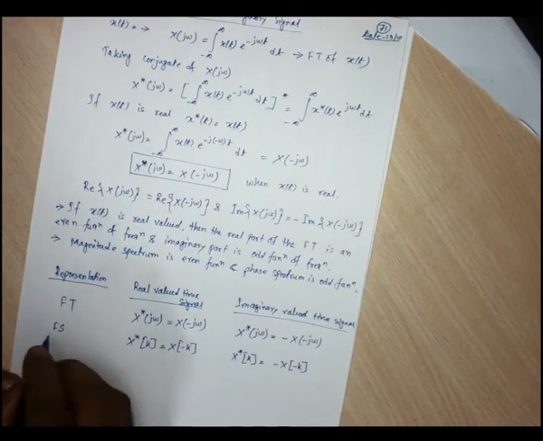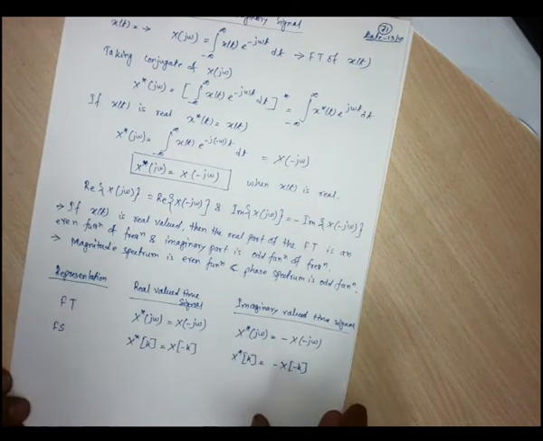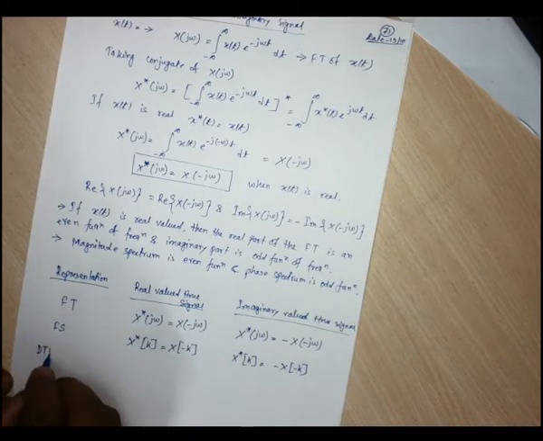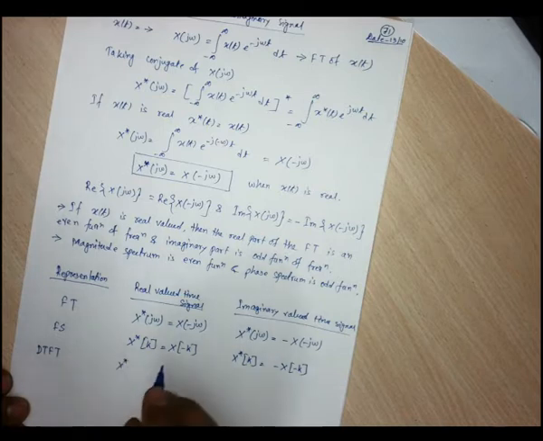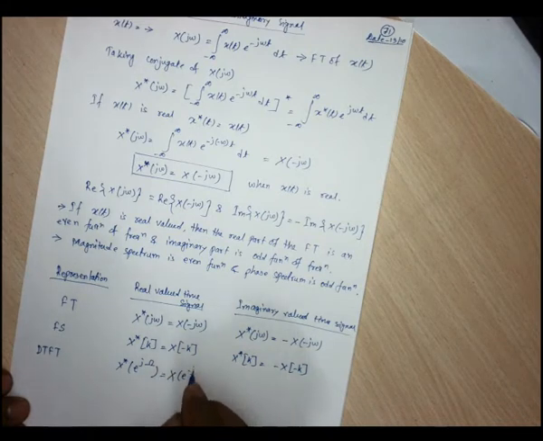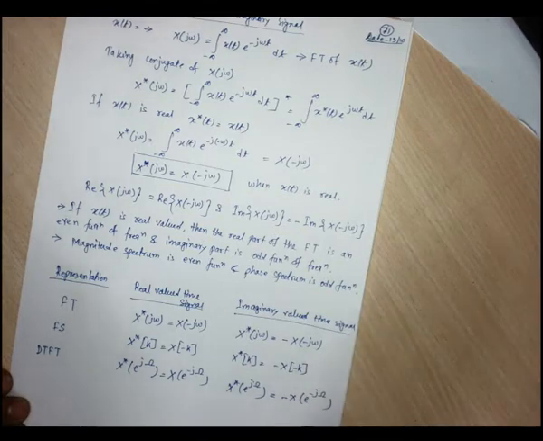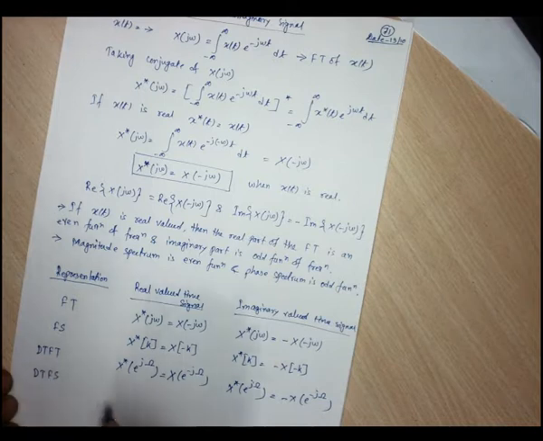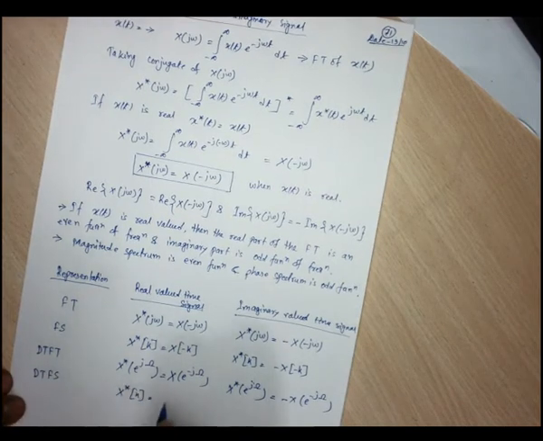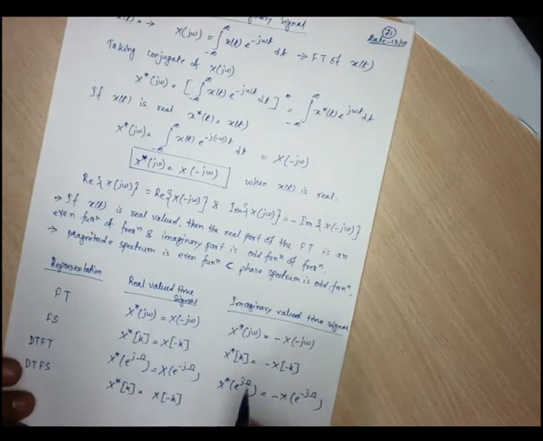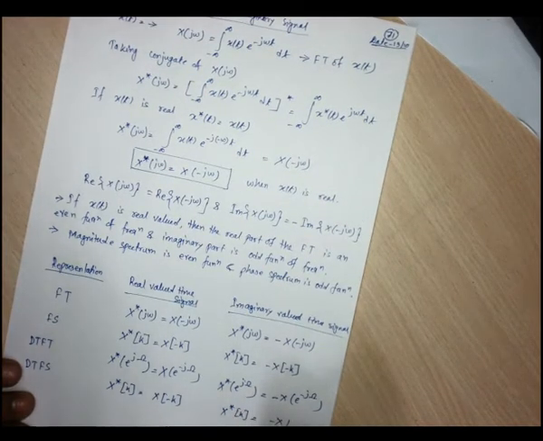If we go with an imaginary valued signal, it is minus x of minus k. For a discrete time aperiodic signal, that is the DTFT, x of e to the power j omega conjugate is the same as x of e to the power minus j omega, and for an imaginary valued signal the conjugate results in a minus. For the DTFS, it is x of minus k, the same as the Fourier series, and minus x of minus k for the imaginary case.